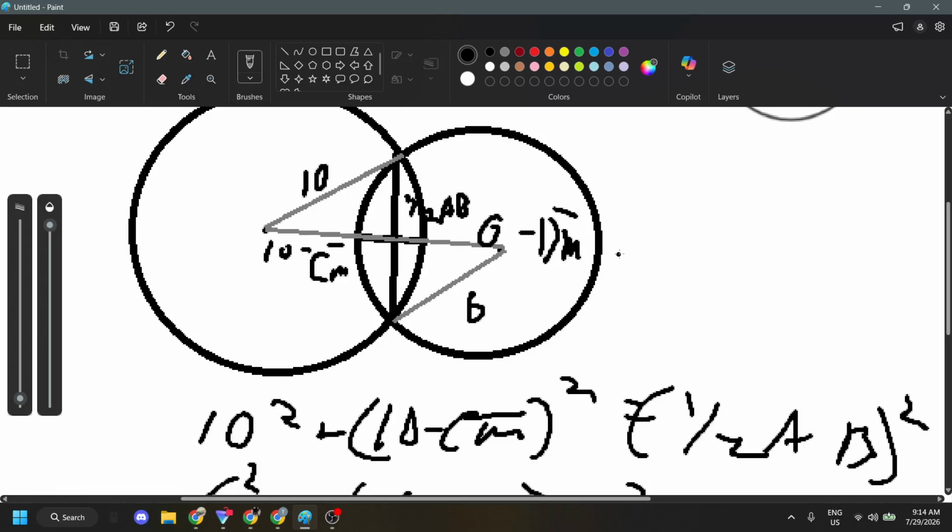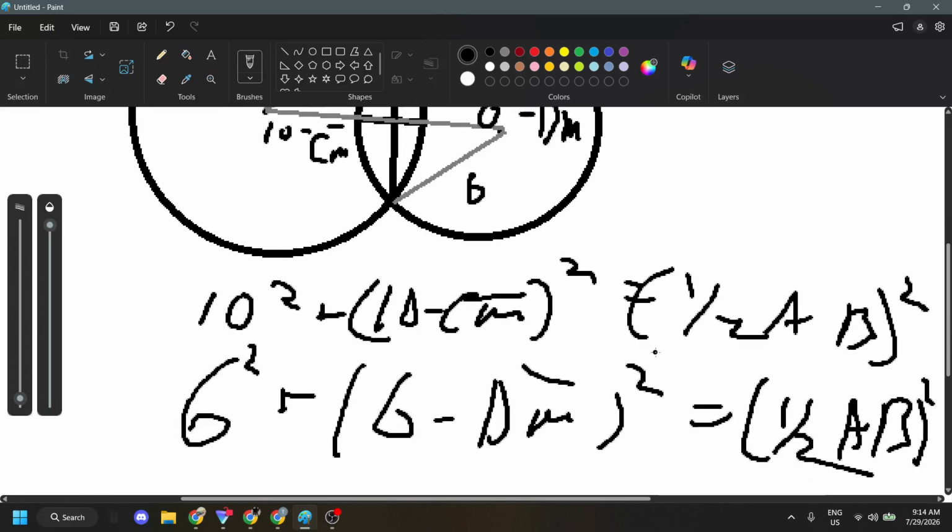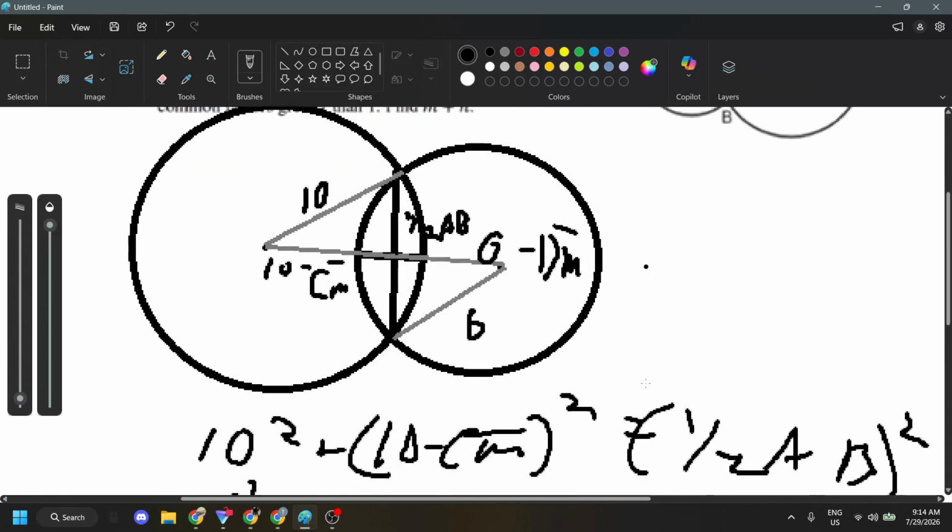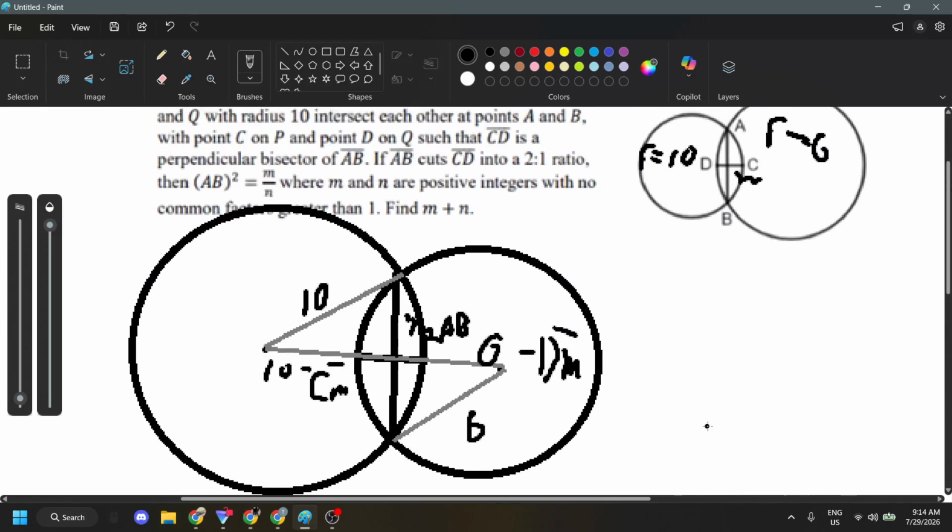Okay. So an important thing to note is that these are very similar. We can make them even more similar because we recognize that AB cuts CD in a 2-to-1 ratio.